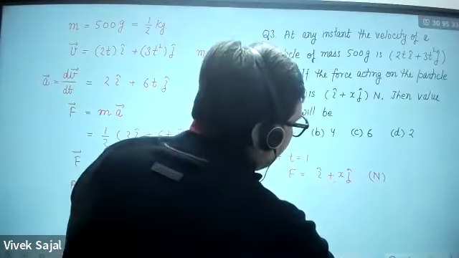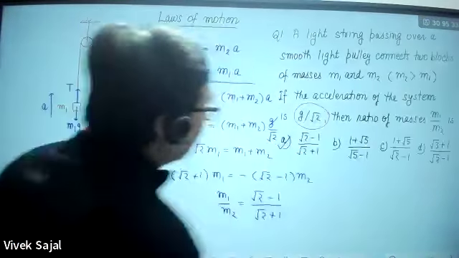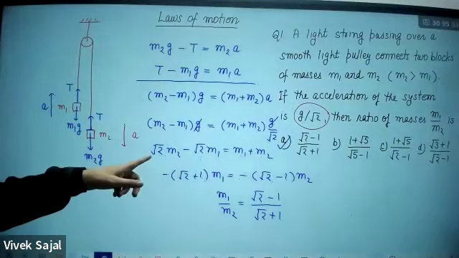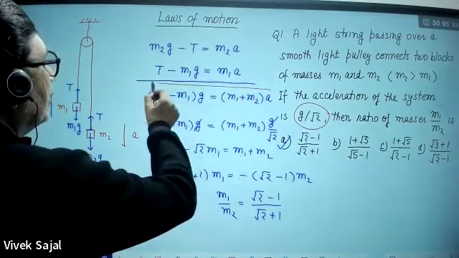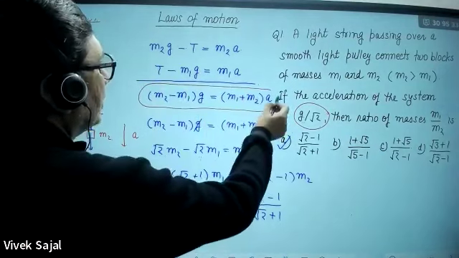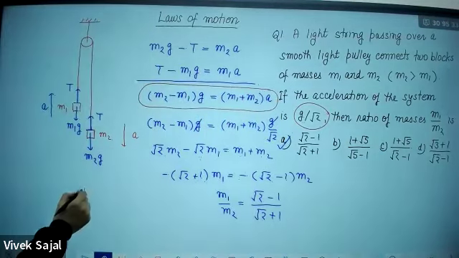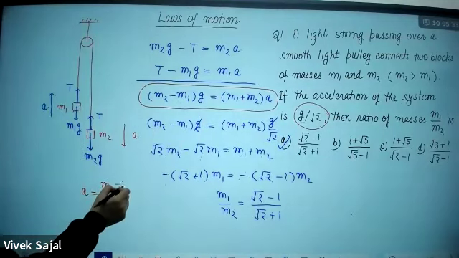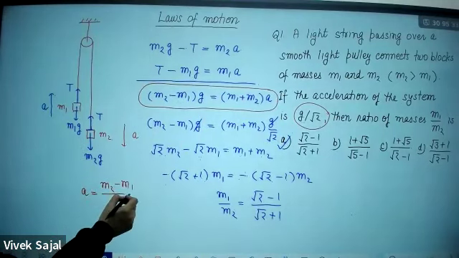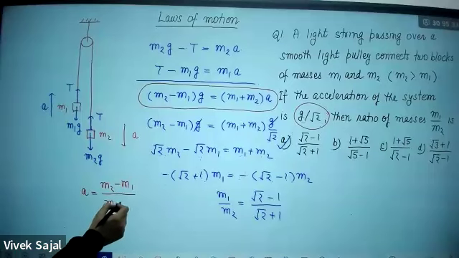I have derived this formula in the first part. Take a look at this equation. If you look at this equation, what will be A? A will be M2 minus M1 upon M2 plus M1 into g.